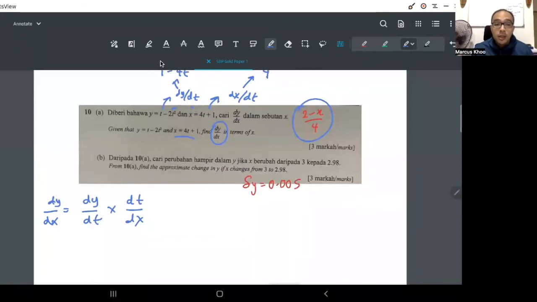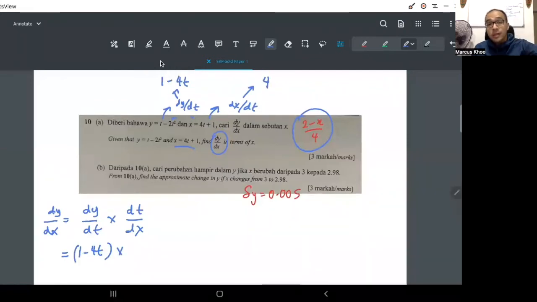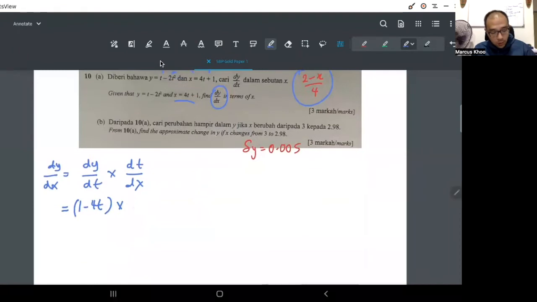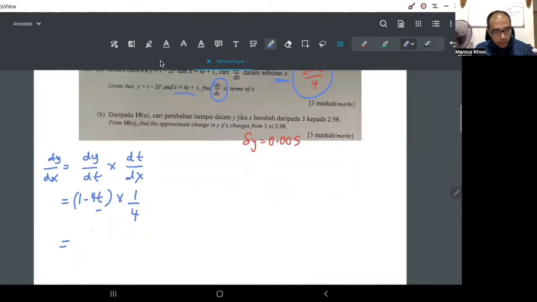So that means dy/dx will be 1 minus 4t times, if dx/dt is 4, dt/dx is 1 over 4. But it's in terms of x. On top of that, this question wants it in terms of x, so we don't want the t over there. Let me simplify this now: 1 minus 4t over 4.